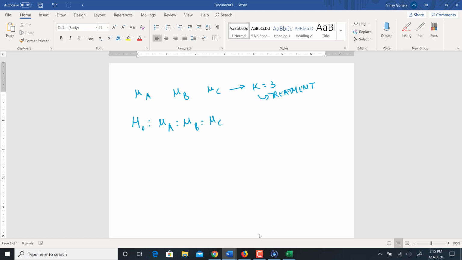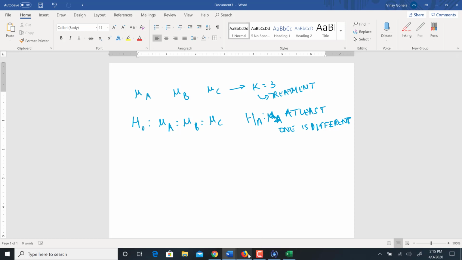That is when you do hypothesis testing. Your alternative would be at least one is different. If one of them has a different resolution value, then the alternative is true.